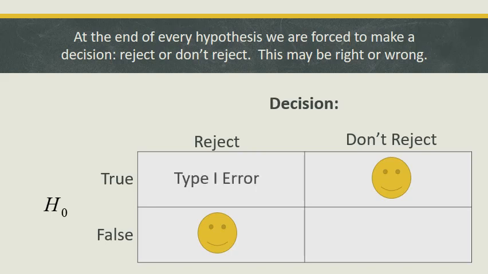If the null hypothesis is really true, but you decide to reject it anyway, then this is called type 1 error. Conversely, if the null hypothesis is really false, but you decide not to reject it, then this is called type 2 error. Another way of saying that is that you should have rejected, but you didn't.